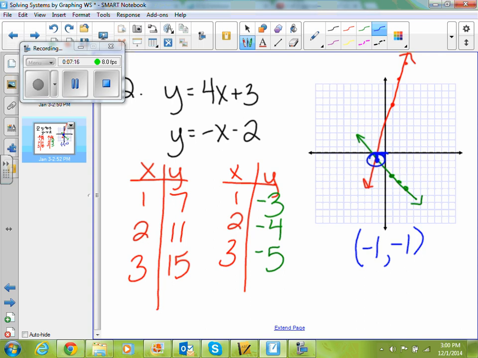So if we use 3, 3 times 5 is 15, divided by 3 is 5. And so it's -5 plus 3, so that's how we got -2.